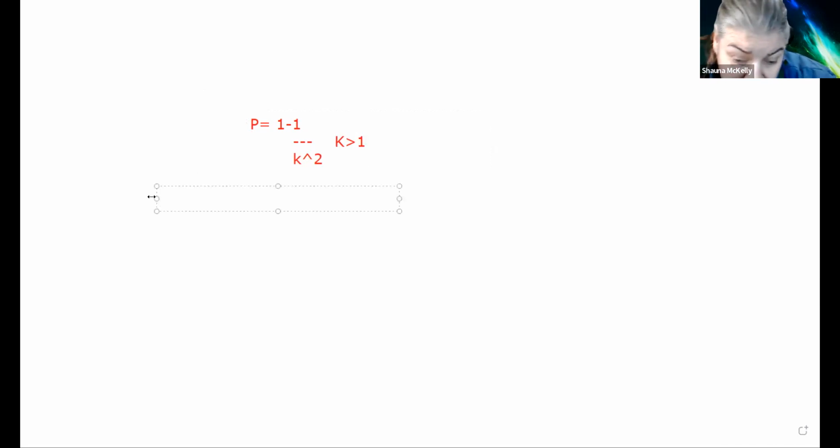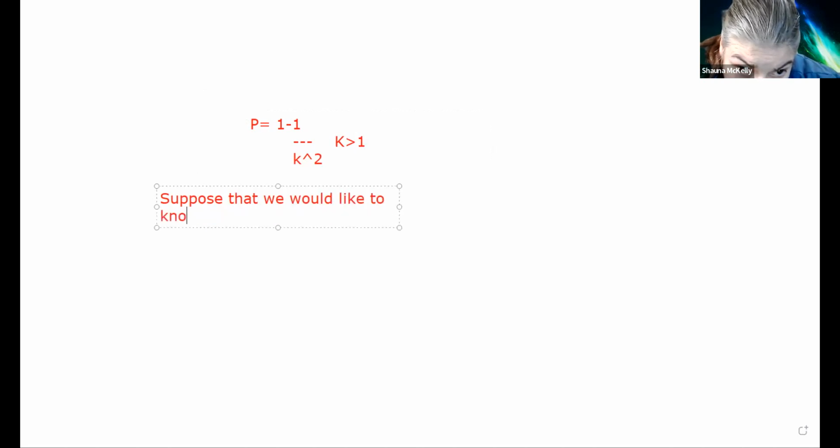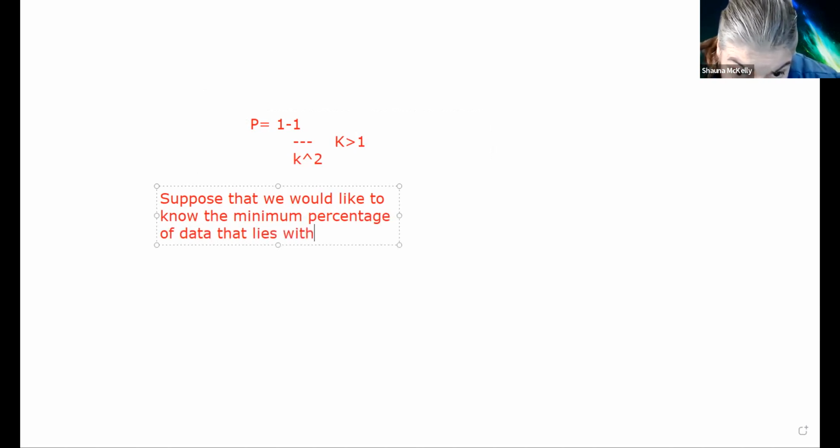So suppose that we would like to know the minimum percentage of data that lies within, let's say, 2.5 standard deviations of the mean.